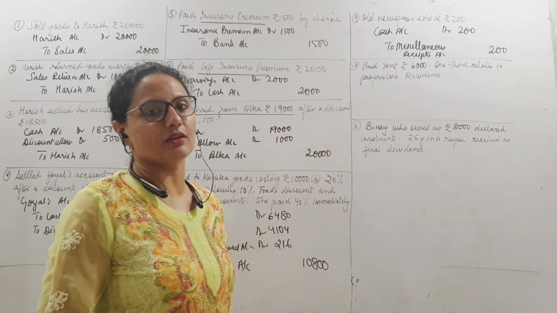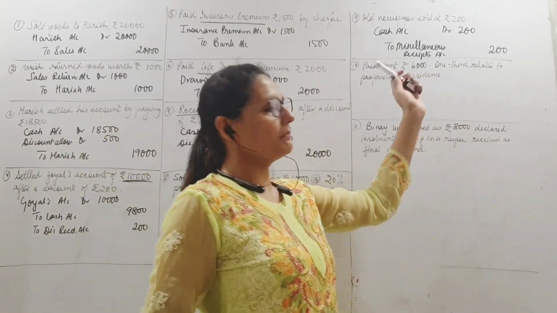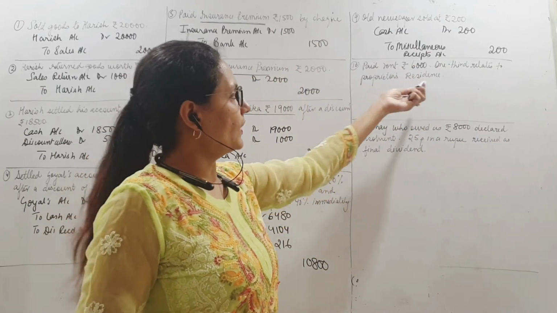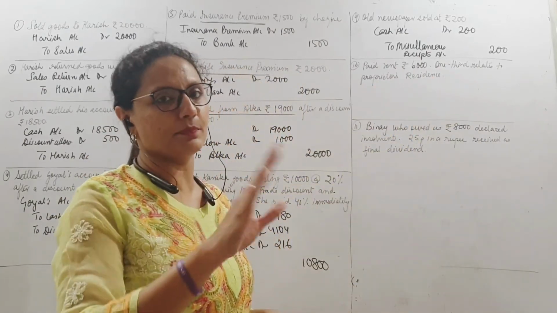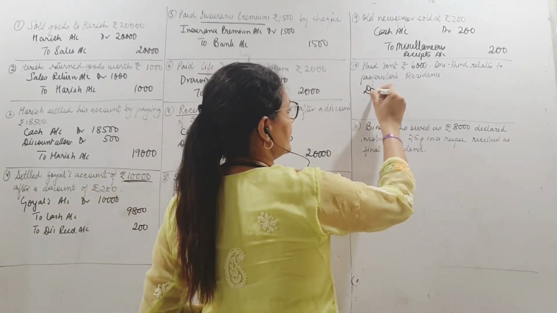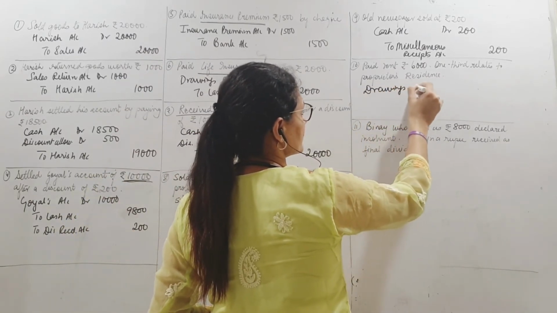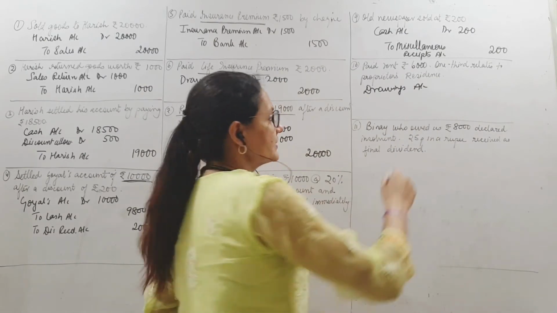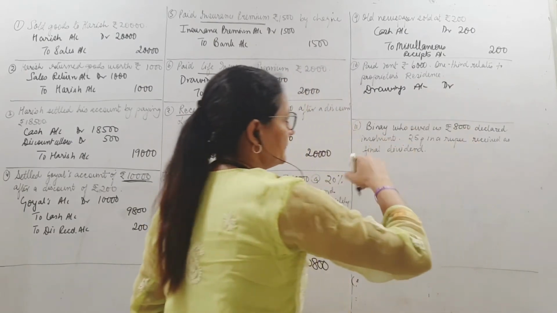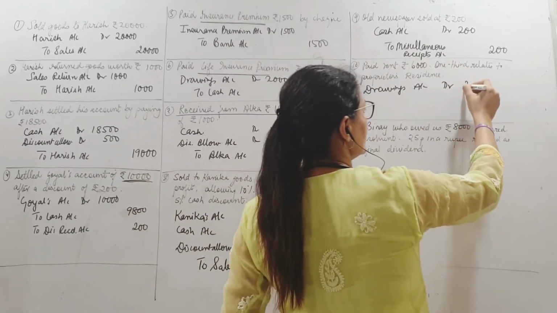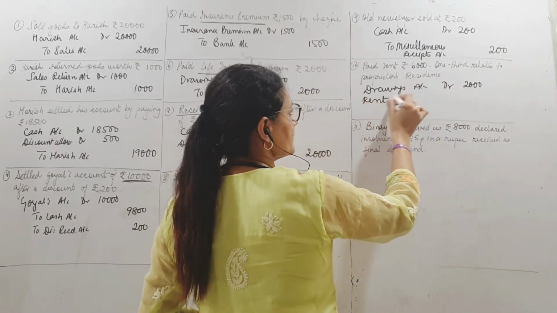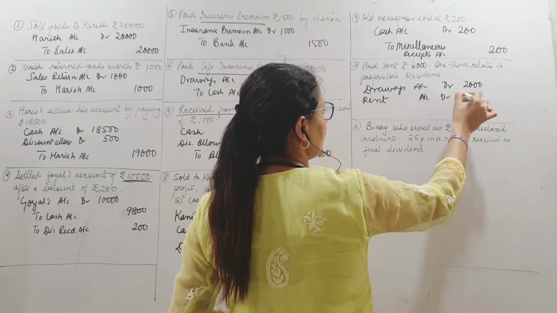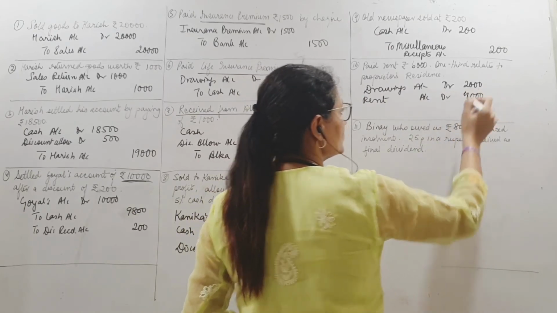So drawings account will be debited with whatever amount relates to him. One third of 6,000 is his personal expense, so drawings account debit 2,000. Remaining is a business expense, which will be debited to rent account, which is 4,000, two thirds of it.